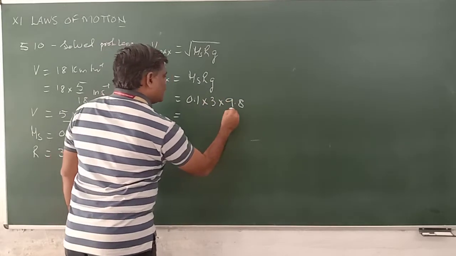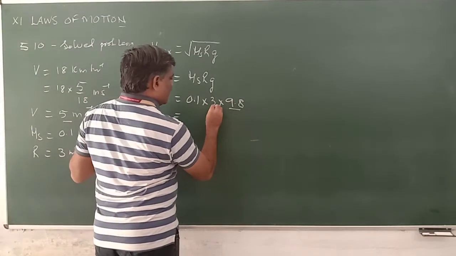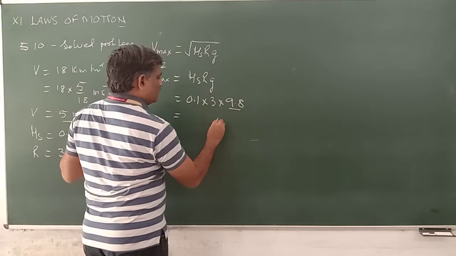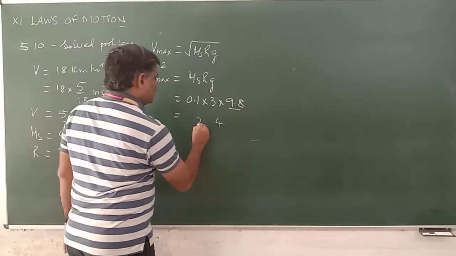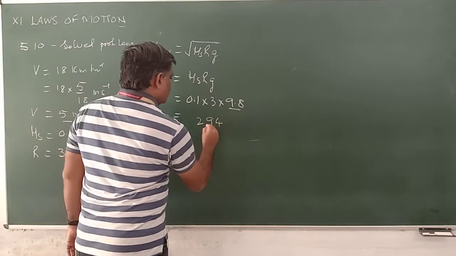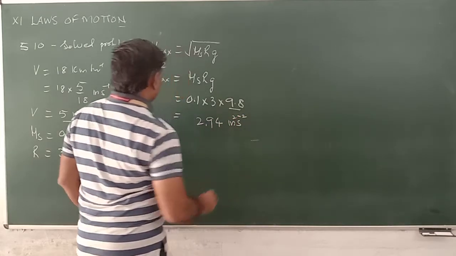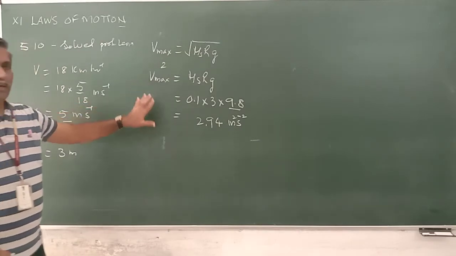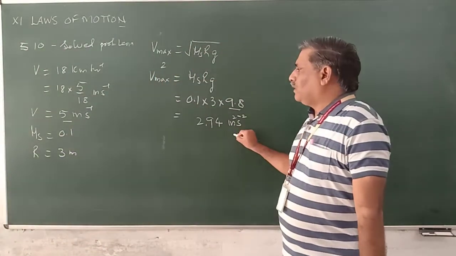If you check, this comes as 2.94 meter square per second square. So the square of the safety speed is 2.94.